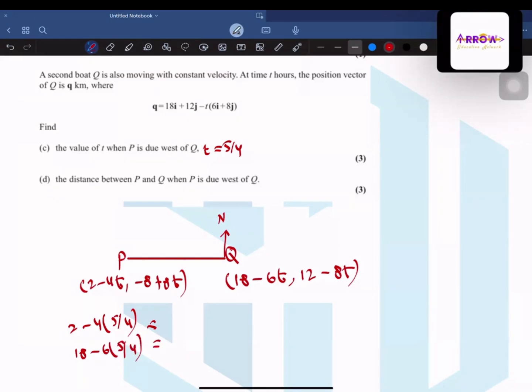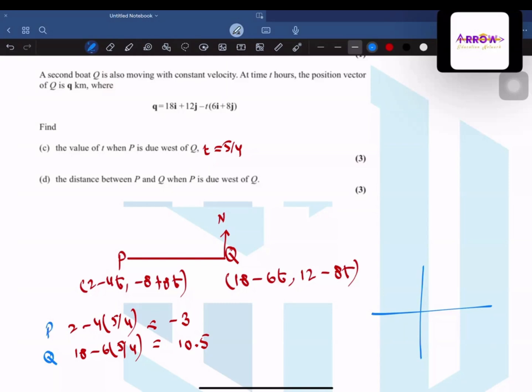So 2 minus 5 will give you minus 3, and 18 minus 6 times 5 over 4 will give you 10.5. So this means that if you consider the x-axis and the y-axis, the x coordinate of boat Q is positive, and the x coordinate of boat P is negative.